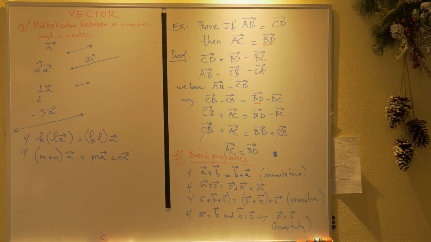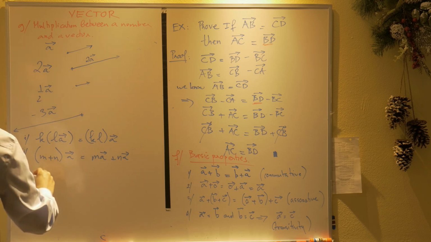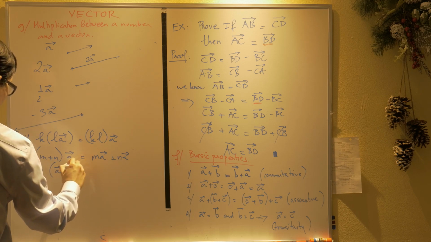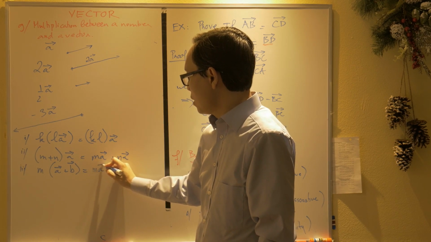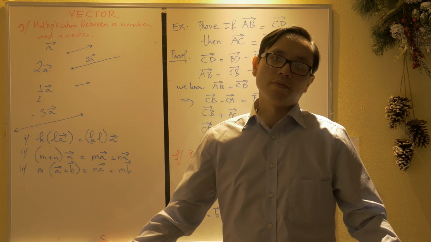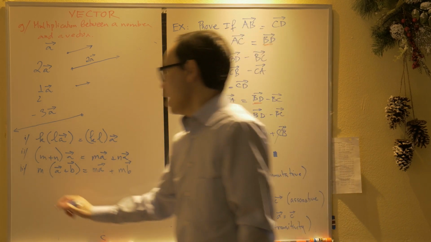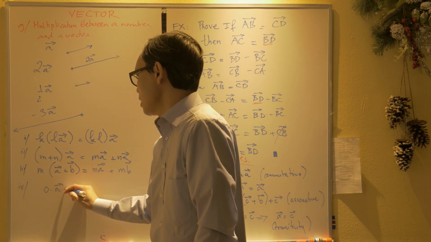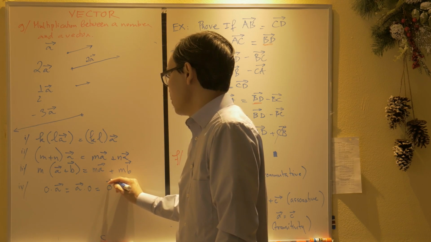If you multiply a number by the sum of two vectors, over here vector A plus vector B, then it gives you vector mA plus vector mB. And of course, if you multiply the number 0 by the vector A, then it gives you the 0 vector. 0 times vector A is the same as vector A times 0, and of course, the same as the 0 vector.